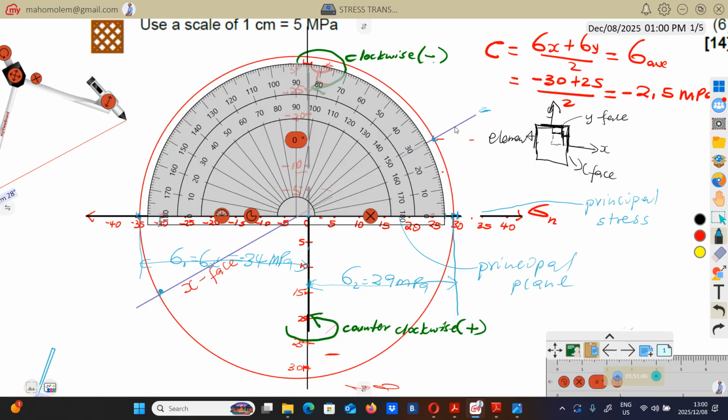So this is going to be 2 theta p, 28.8 or 9 degrees.